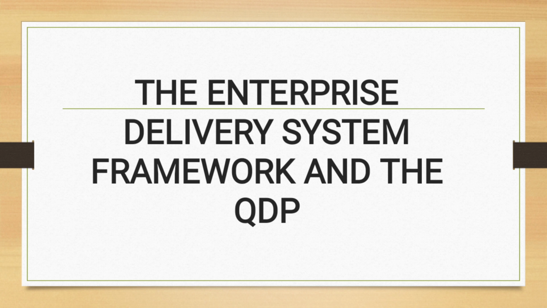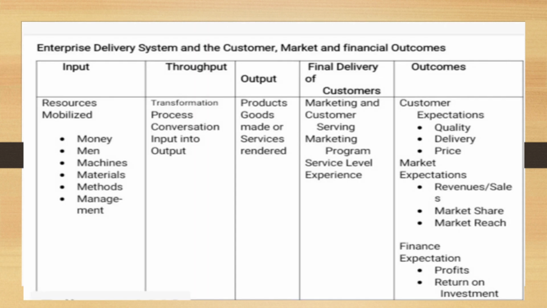QDP here stands for quality, delivery, and price. So please refer to the table. For input, we have the 6 M's of manpower of operation. In the resources mobilized, we have the money.